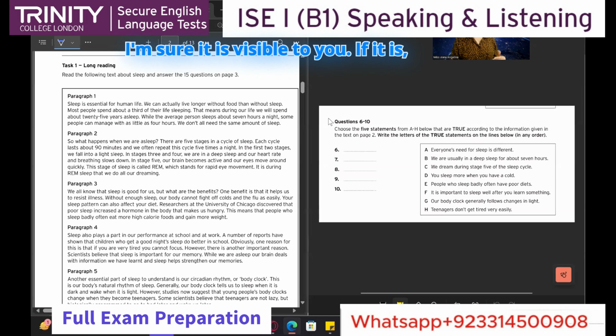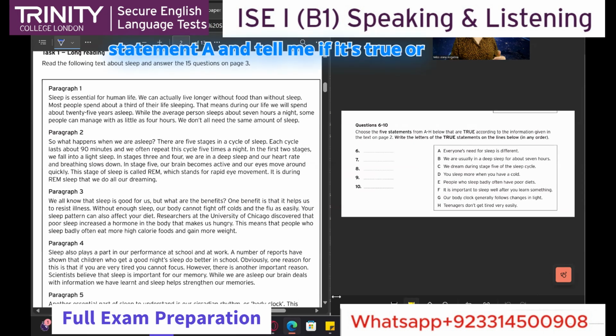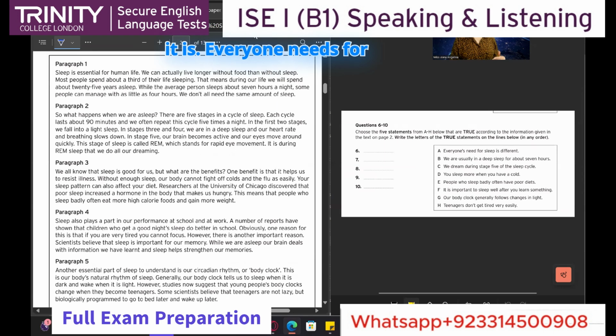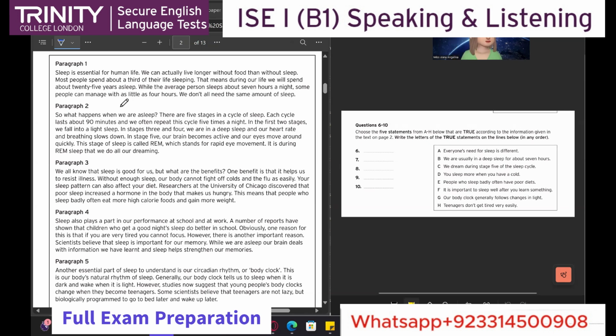I'm sure it is visible to you. Can you read statement A and tell me if it's true or false? Everyone's needs for sleep is different. You need to tell me if it's true or not.